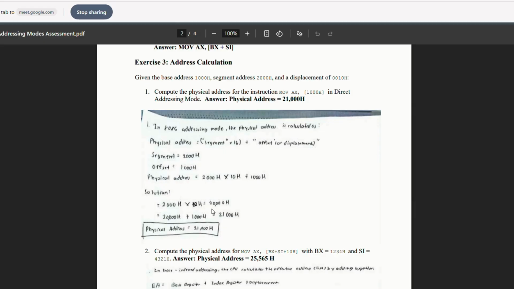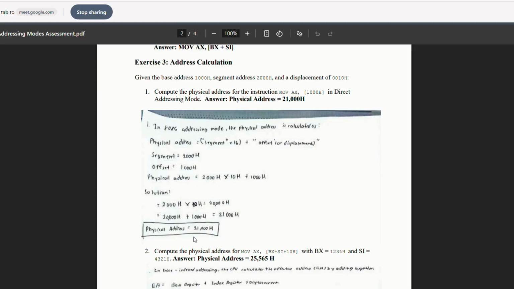This gives the starting physical address of the segment, and the offset is the distance from the segment start, which is 1000H. So we only add the offset in that segment. Earlier we have 20,000H plus 1000H, so what we get is 21,000H, which is the physical address.